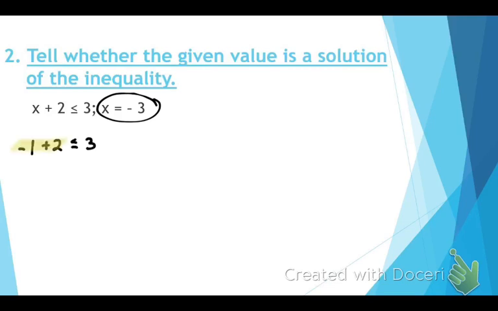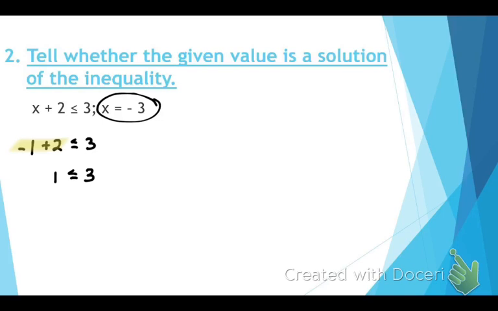Let's focus only on the left side. Boys, what is negative 1 plus 2? Take the sign of the larger number. Guys, what's negative 1 plus 2? Positive 1. Girls, is this a true statement? 1 is less than or equal to 2.